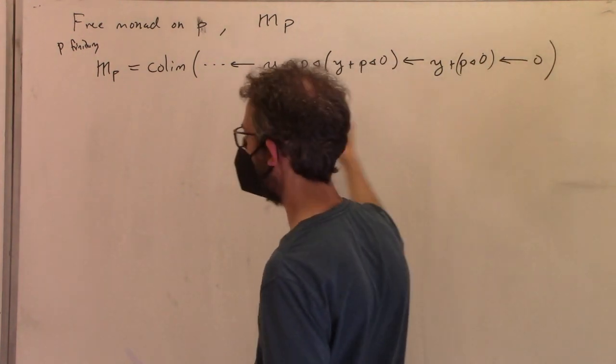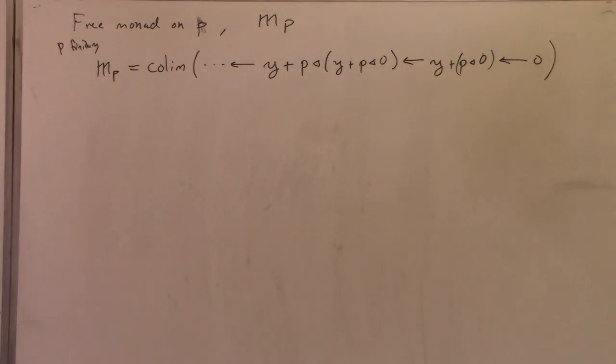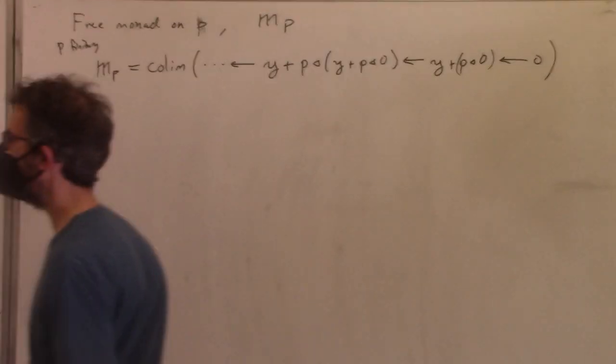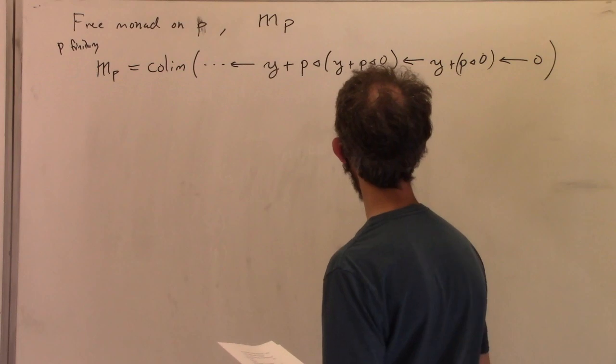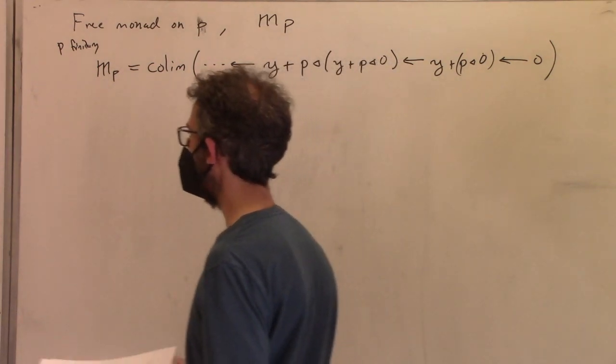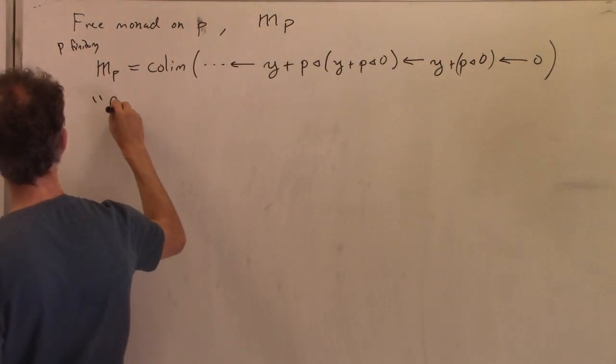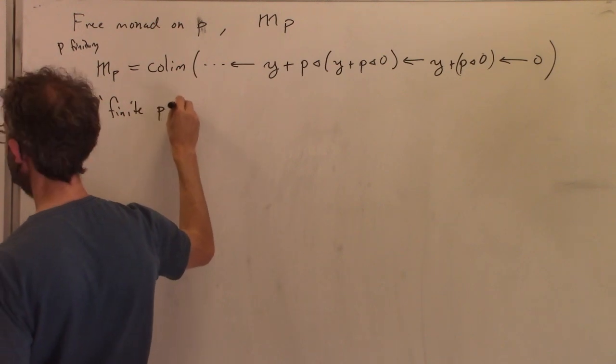So it's just the same as this one, instead of a times, it's a plus, but it's almost exactly the same formula. And so these are finite P-trees.